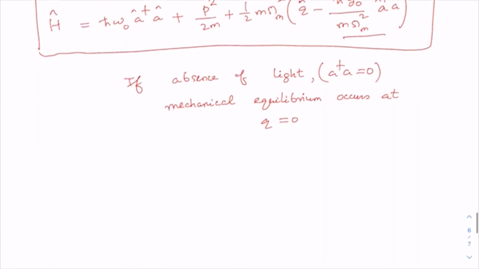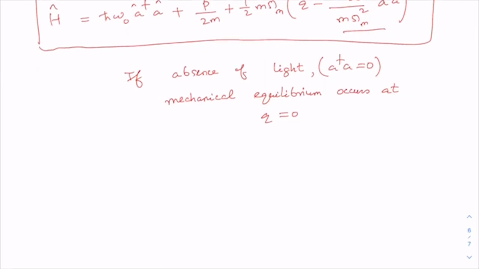On the other hand, if there is light, that means a dagger a is not equal to 0, then in the presence of light, the equilibrium point is shifted.